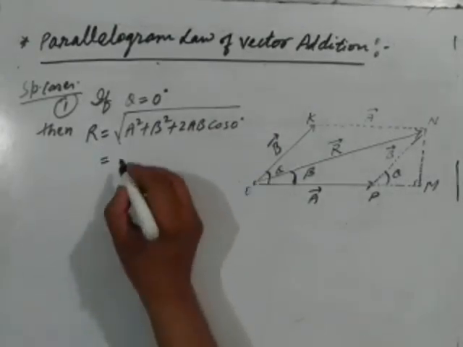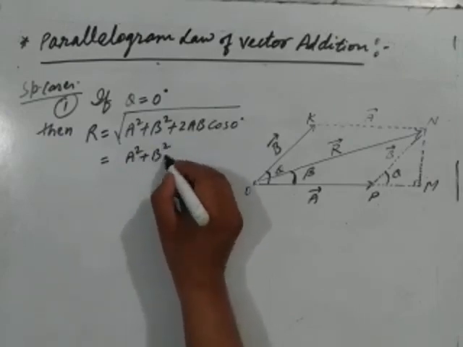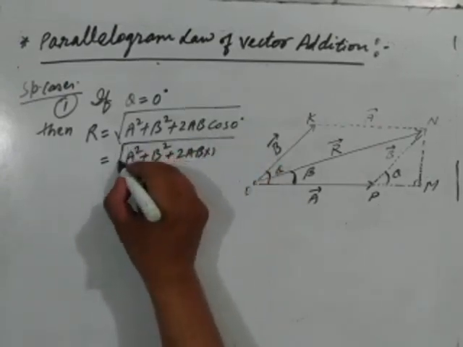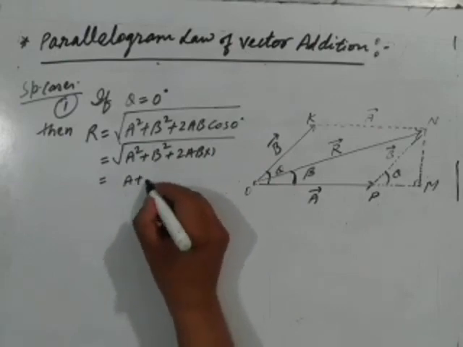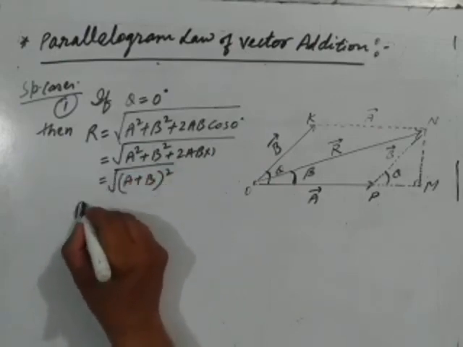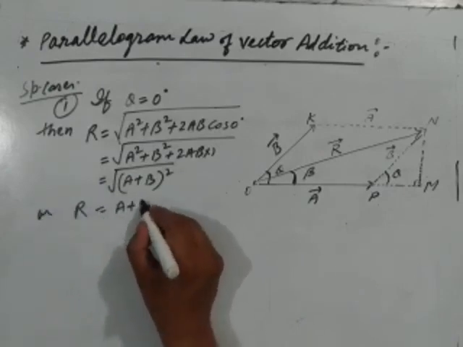Therefore, the relation becomes a square plus b square plus 2ab into 1. But this becomes an identity, a plus b whole square, or r is equivalent to a plus b.